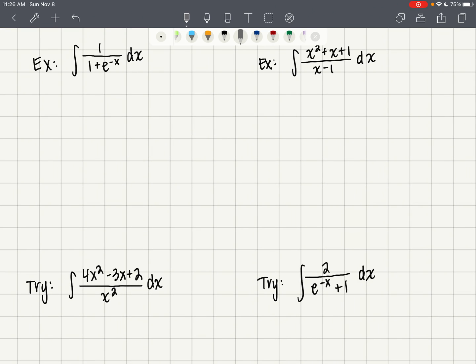So here's a couple of more examples. We have 1 over 1 plus e to the negative x. So this is another type of problem where we have to be creative.